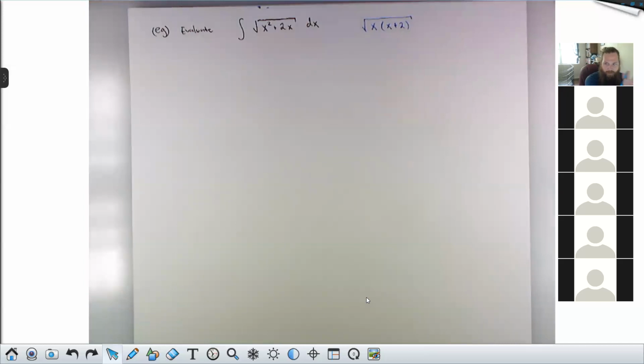I need some linear function of x squared plus or minus a constant. While it's accurate to say that x squared plus 2x is equal to x times the quantity x plus 2, it's not moving in the direction we want.